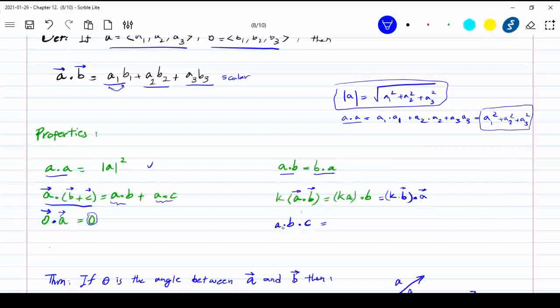This doesn't make sense, because a dot b gives you a scalar, and then a scalar dotted with a vector is not defined. I want to make sure that you notice this. This dot product, these two, will give you a scalar. Then if you multiply by a vector, you would get a vector. But in the property above that we've mentioned, I assumed k is a constant.